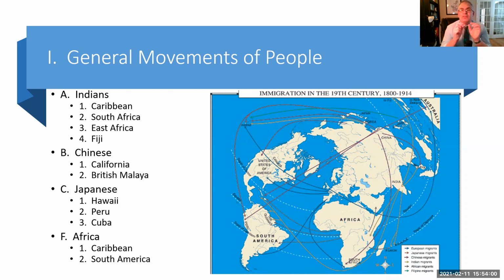And Africans, I put this in to make sure you understand that in the early 19th century, the trading of enslaved Africans is still continuing. Abolition really doesn't get going till 1808 and thereafter. So we do have a migration of people coming to the Caribbean and South America, such as Brazil and Haiti, that region of the world in the early part of the 19th century.